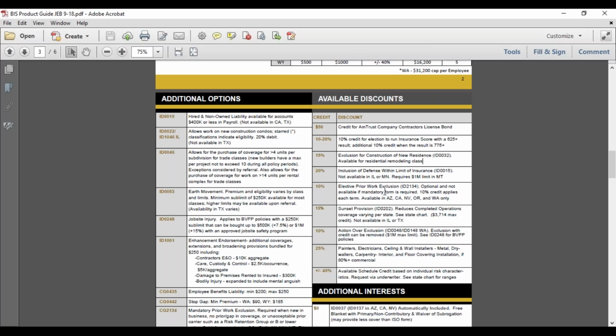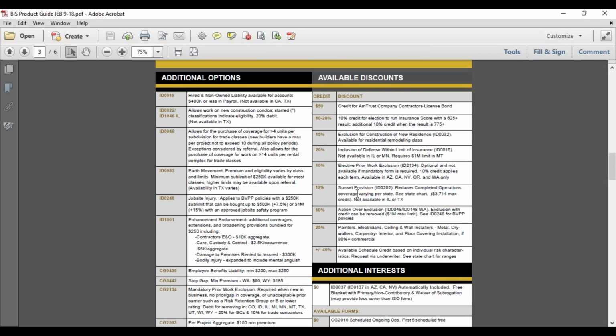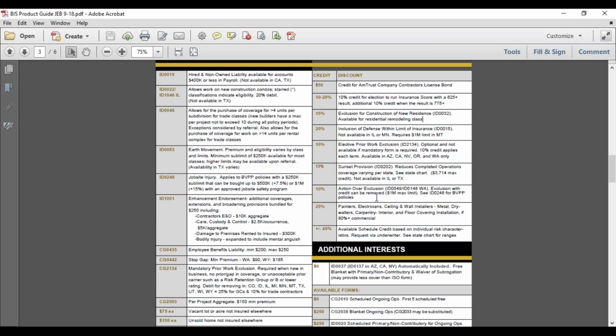You can have an elective prior work exclusion, that's a discount. You can have sunset, additional discount. You can have the action over exclusion. For the painters, electricians, ceiling and wall installers, and some of them, if they're doing more than 80% commercial, there is a huge discount. And then we have the credits and debits available.